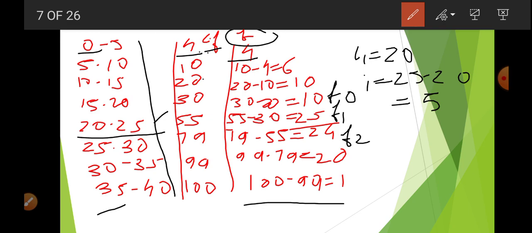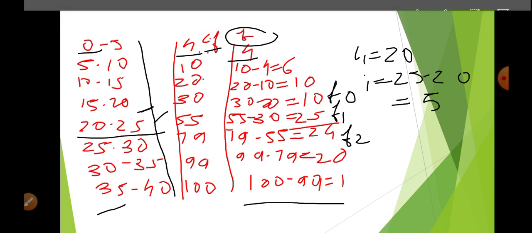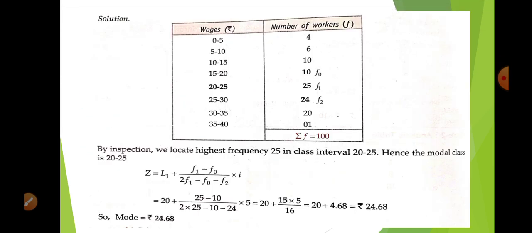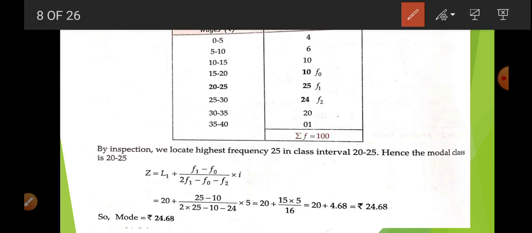Just above that will be F0, and below that will be F2. And i is the difference of 25 minus 20. Now we are going to put all these values. When we subtract, 25 minus 10, it will be 15.